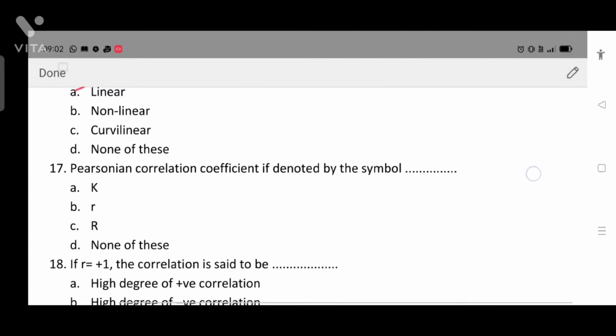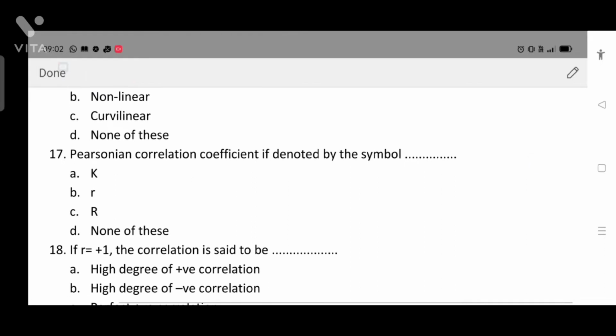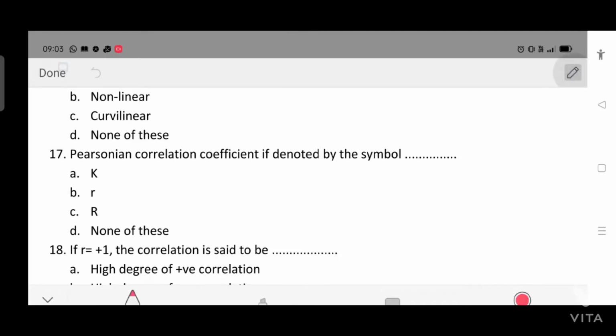The Pearson correlation coefficient is denoted by the symbol, very, very important. Question 17. A, B, C, D. That is C. Capital letter R. Answer 17, C. Question 18.